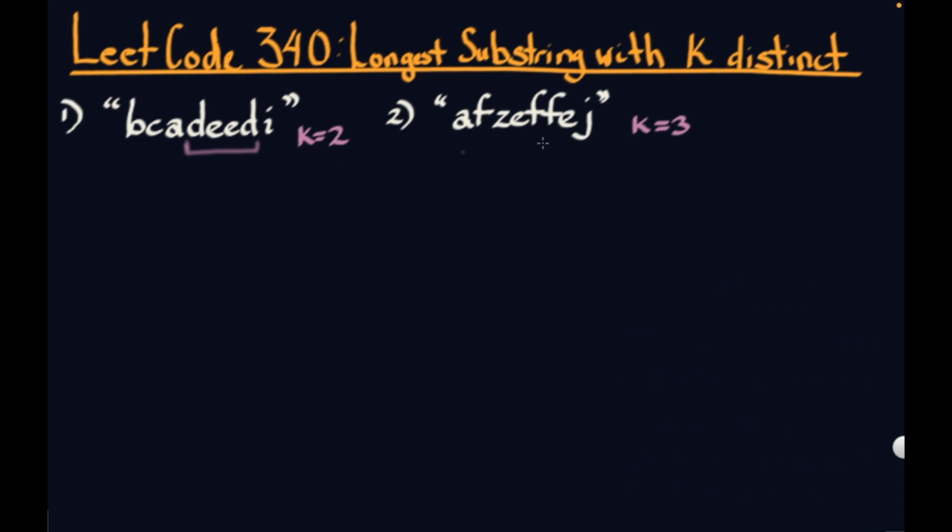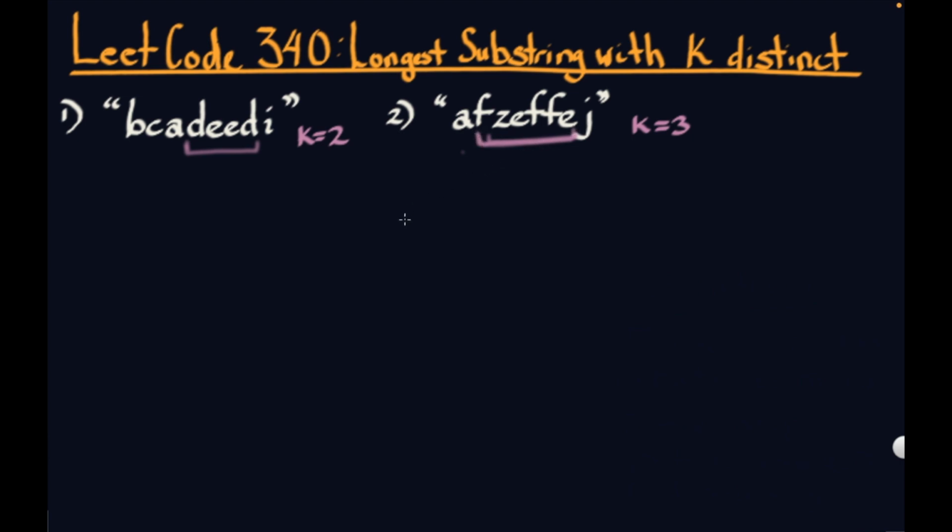For the second, the longest substring with 3 distinct characters is FZEFFE. You have F, that's one character, Z, that's another, E, that's another. That's 3 distinct characters, and the longest substring is from this F to this E here.